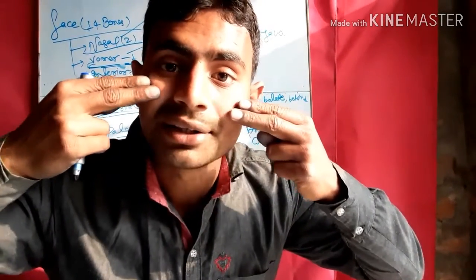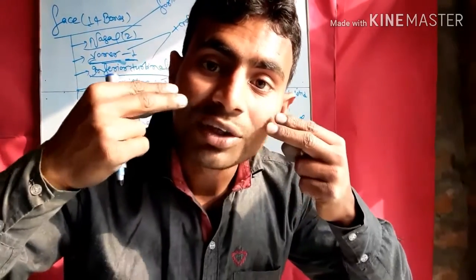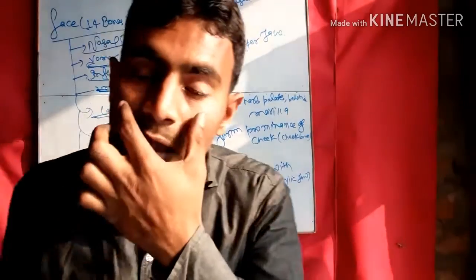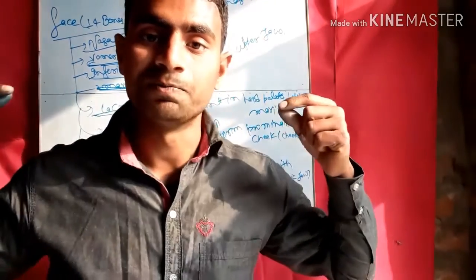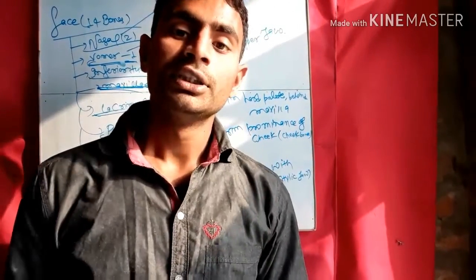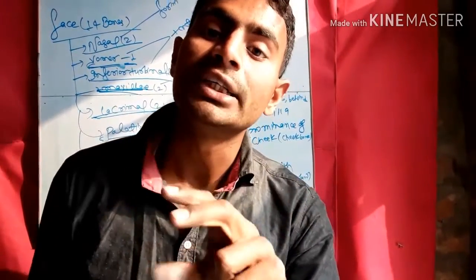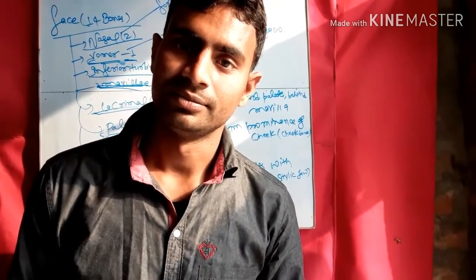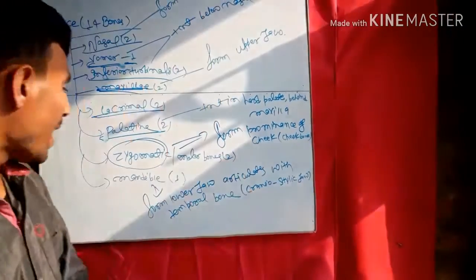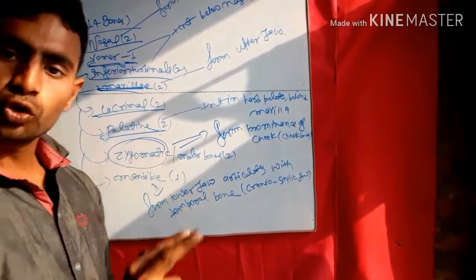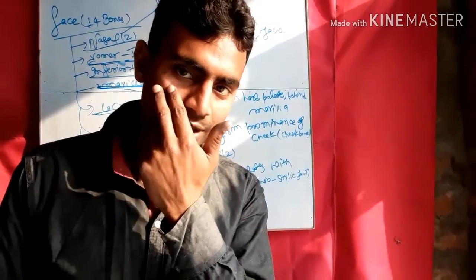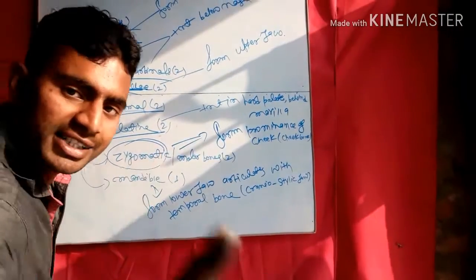This prominent part of the cheek which you are seeing now is called the zygomatic, so it's also called cheekbone, because these bones are present in the cheek.